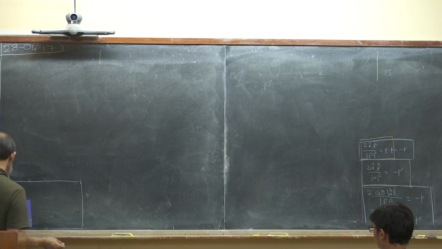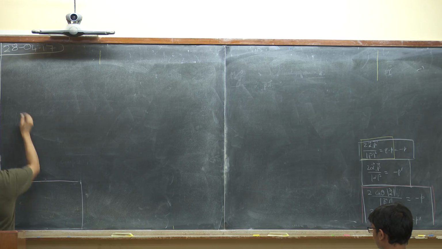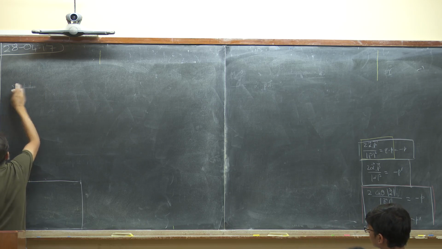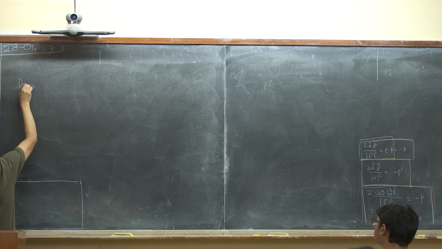So, it is the following. These are the Dynkin diagrams.